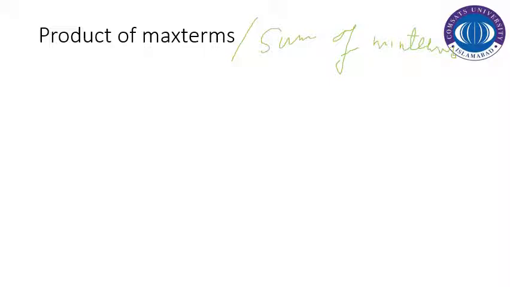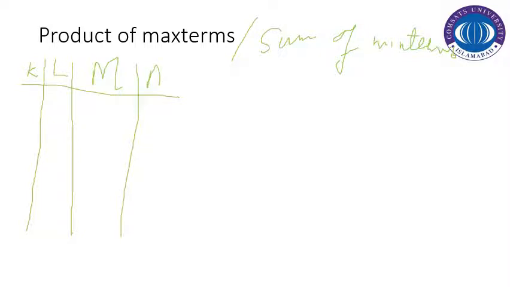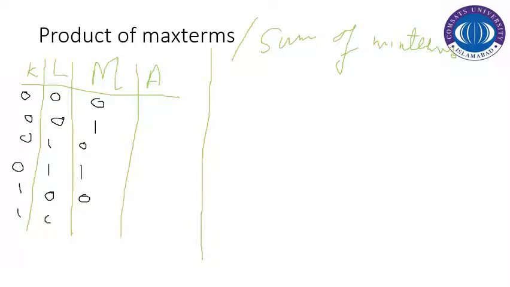Well, to start our example, let us assume that we've got a function of three variables, and the variables are K, L, and M, and the output of the system is A. So let me write the combinations first, that are 0, 0, 0, 0, 0, 1, 0, 1, 0, 0, 1, 1, 1, 0, 0, 1, 0, 1.